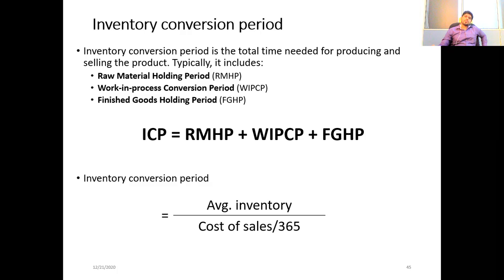The inverse of the equation, regardless of the number of days. Inventory turnover equals cost of sales divided by average inventory. How do we calculate average inventory? Closing balance plus opening balance divided by 2 is called average inventory.